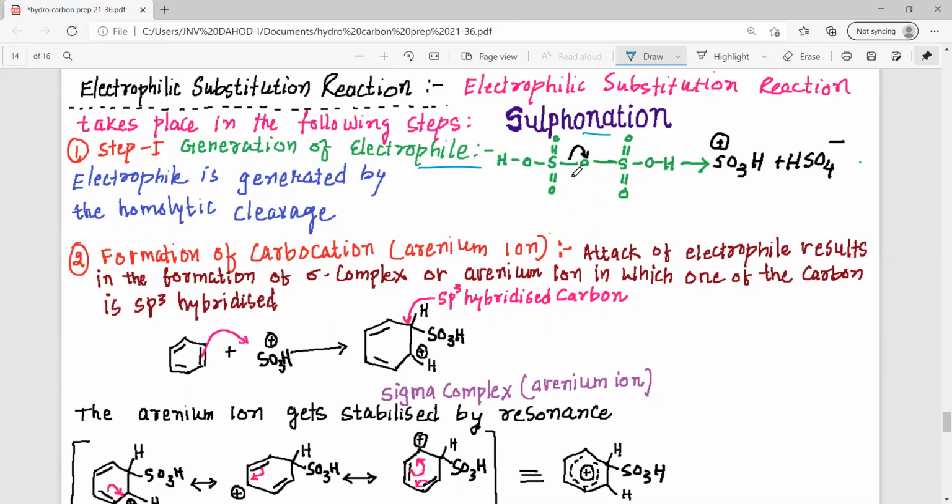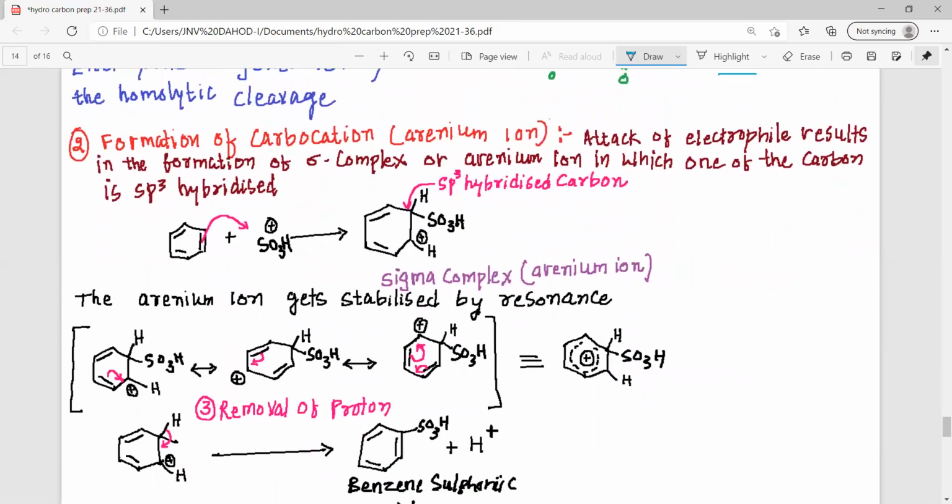This H2S2O7 undergoes heterolytic cleavage and we get SO3H+ and HSO4−. This SO3H+ behaves as an electrophile, my dear students, and it attacks the benzene ring. As this HSO3+ attacks the benzene ring, we get the sigma complex or arenium ion.